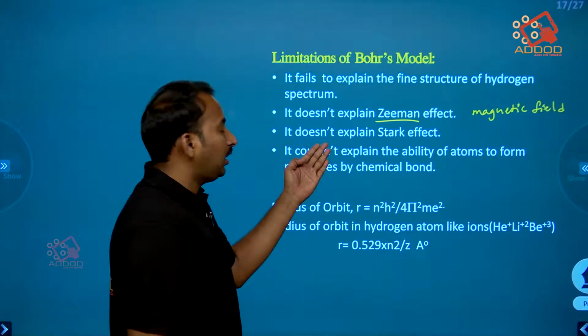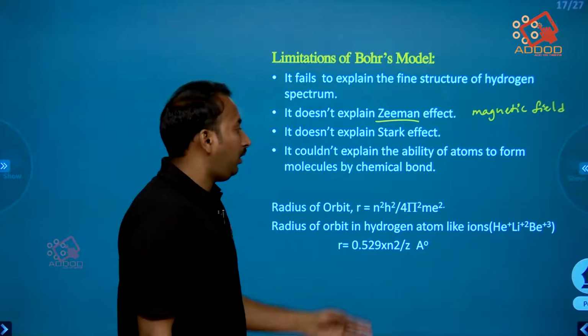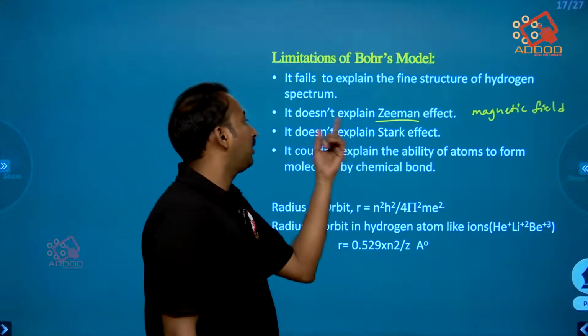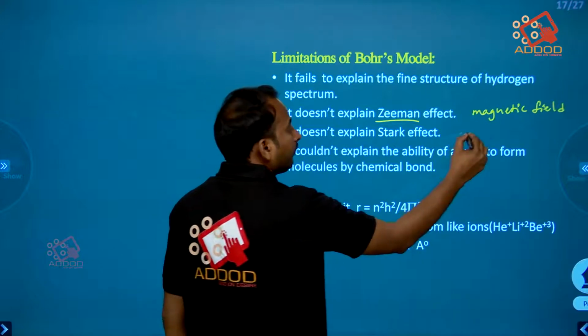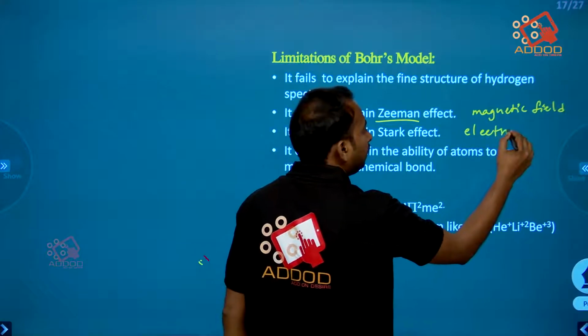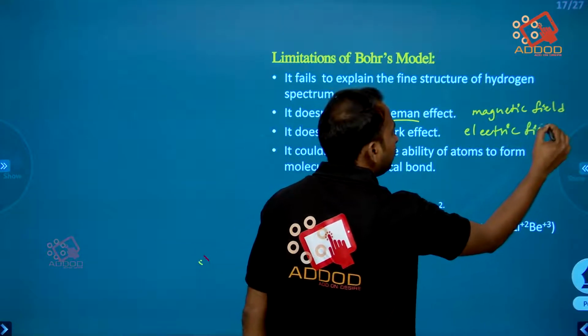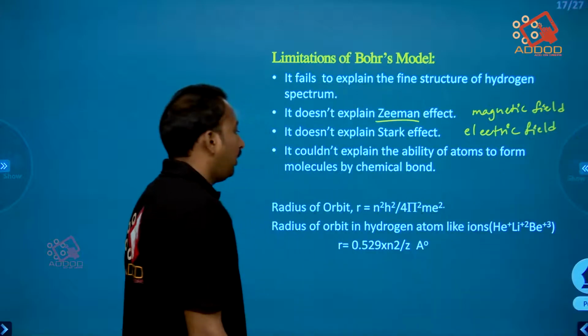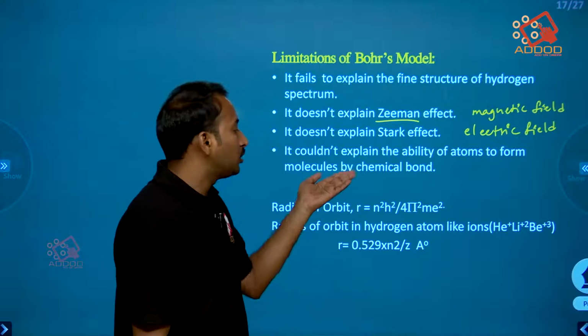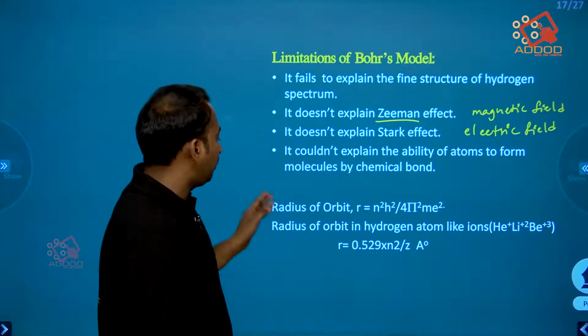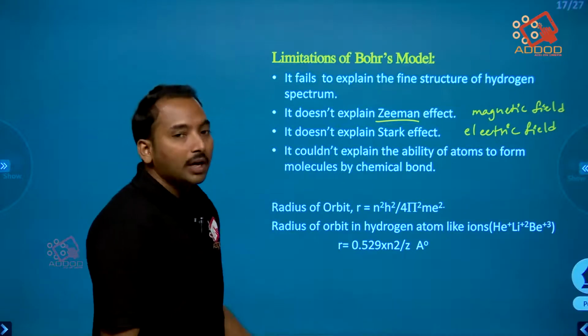And the splitting of spectral lines in the presence of an electric field is called the Stark effect. The Bohr model does not explain the Zeeman effect and also the Stark effect. And next, it could not explain the ability of atoms to form molecules by chemical bonding. These are the limitations of Bohr's atomic model.